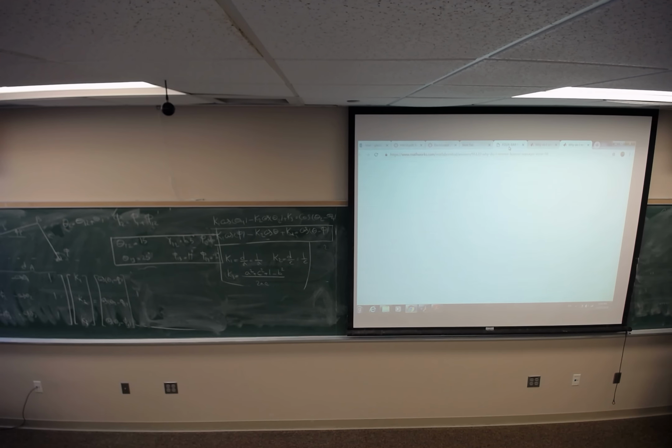We would like to design a 4-bar mechanism such that if the input link is showing us X, the output link is showing us ln of X.